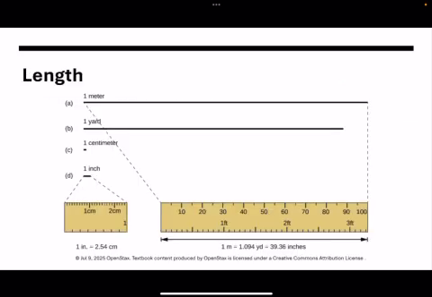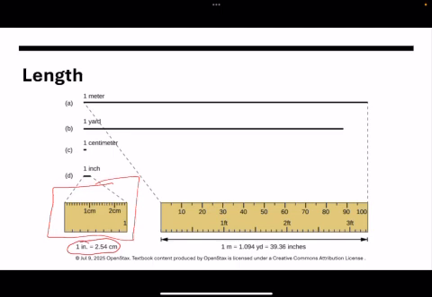Another one that we use is length. And what I've included here is just a basic diagram that shows you the comparison of some common imperial lengths that we know versus the metric lengths. So here you can see in this small ruler that 1 inch is equal to 2.54 centimeters.